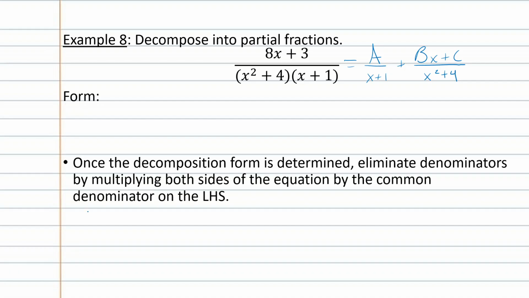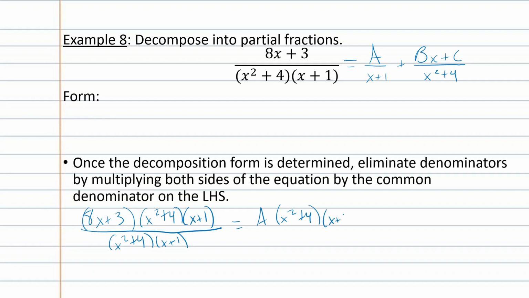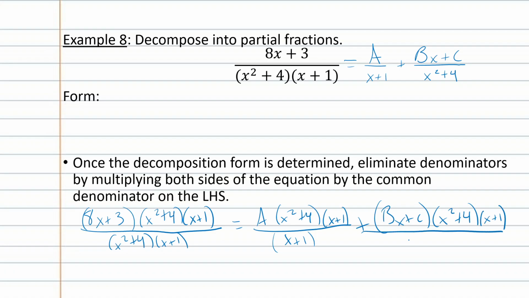So essentially what we're doing here is 8x plus 3 times x squared plus 4 times x plus 1 all over x squared plus 4 times x plus 1 equals A times x squared plus 4 times x plus 1 all over x plus 1 plus Bx plus C times x squared plus 4 times x plus 1 all over x squared plus 4.